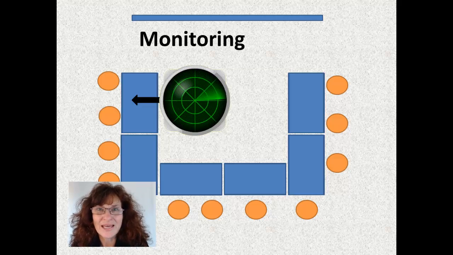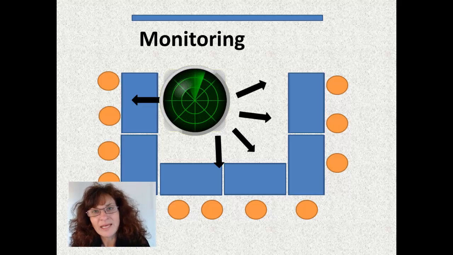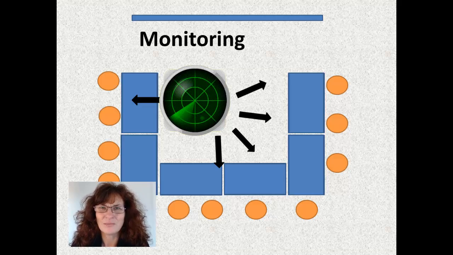In that case, you don't need to go through them with the whole class, because as you've monitored around and looked at all the different people, you can see they've all got that right. But maybe you can see that quite a few people in the class have struggled with number 4, they've all got number 5 wrong, and number 6 was a bit dodgy too. Well, clearly those are the ones that you need to focus on and help them with whatever it was that they didn't understand. So don't feel as if you have to give feedback on everything if you've monitored around and checked that they have understood.